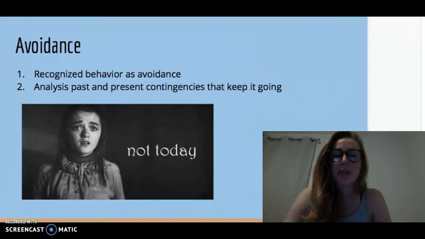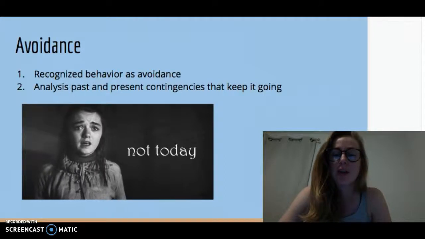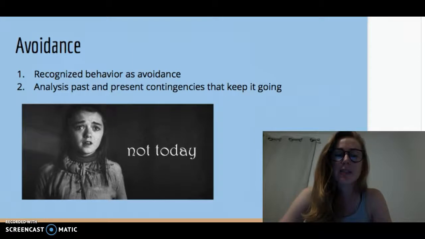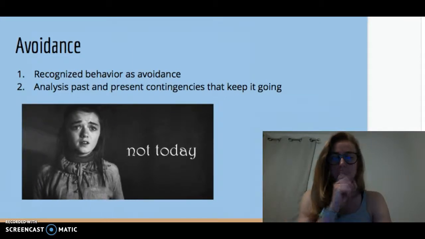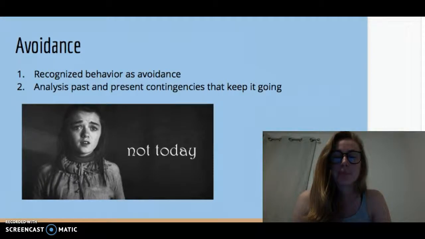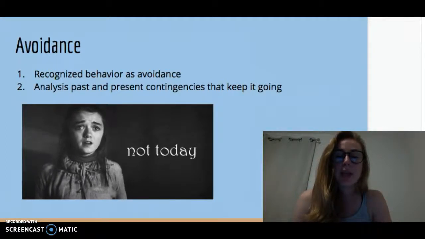For example, if each morning your child suddenly feels ill and refuses to get out of the car to go to school, we must first recognize that the child may be avoiding school. Then, we must address what contingencies keep it going. Maybe the child does not like her new table mates. Limiting interactions with these table mates may reduce the avoidance behavior.